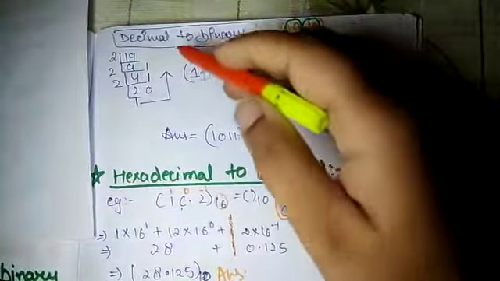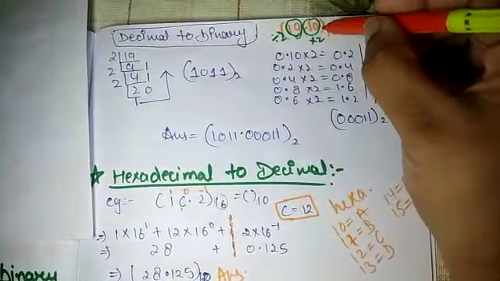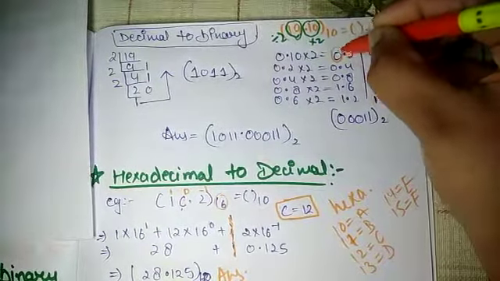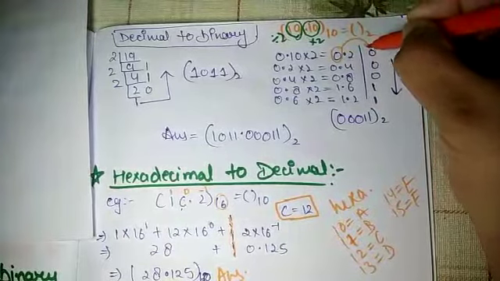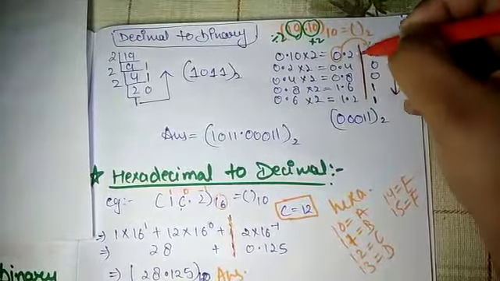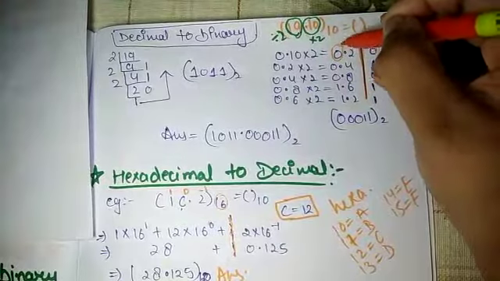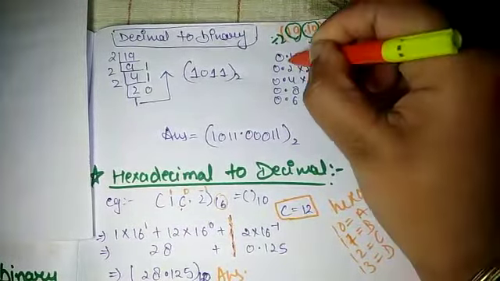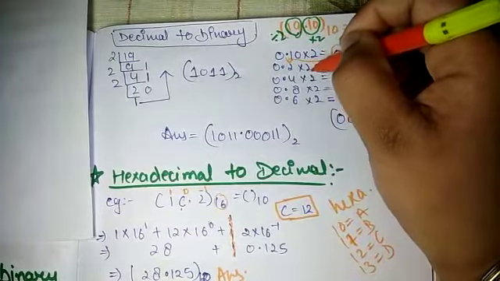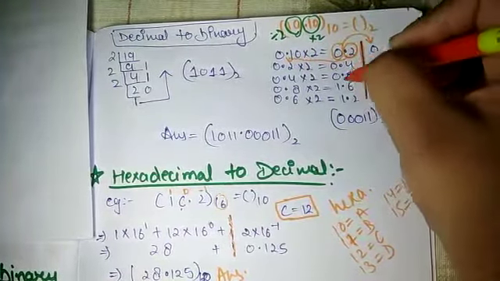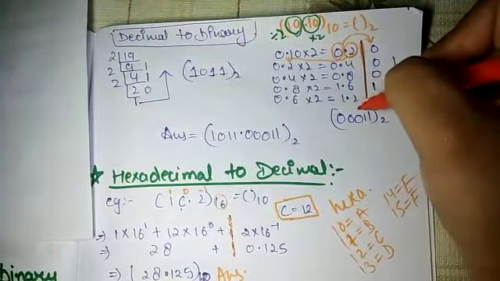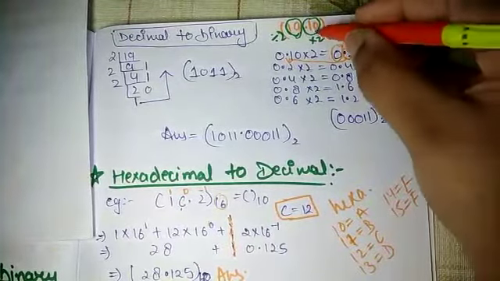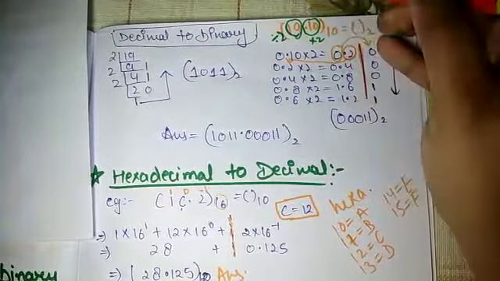We have the next part, that is 0.10. We have to multiply it by 2, which will be 0.2. This part will go to the separated part. This is a normal separation for our convenience. This 0 will go here, and this 0.2 will go here and be multiplied by 2. The same procedure will be followed for this, for this, and for the rest of the values. We are not required to extend further because we have only 2 digits after the decimal.